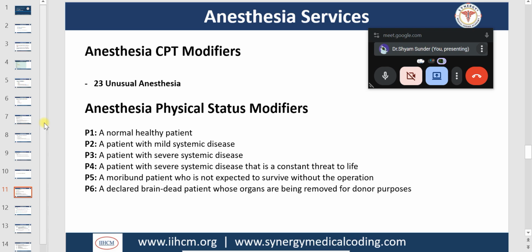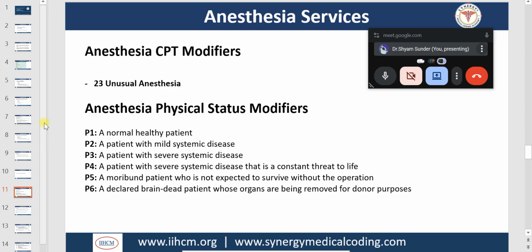So, for example, appendectomy, routine surgery. Typically, how much time will it take for anesthesia for an appendectomy? Maybe 30 minutes, 45 minutes. Yeah, there is a typical time. But sometimes, one in a thousand patients or one in 10,000, the time extends to maybe 2 hours.